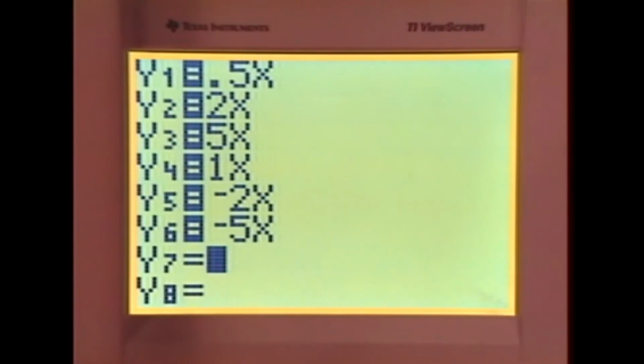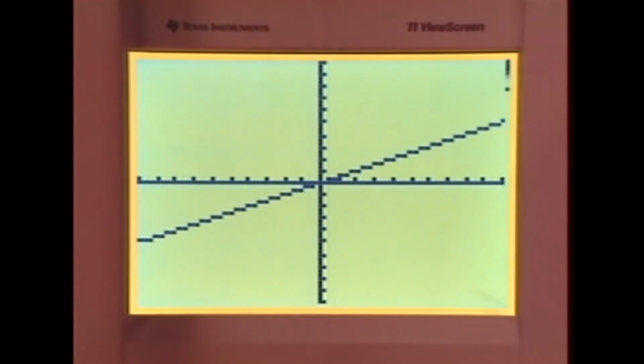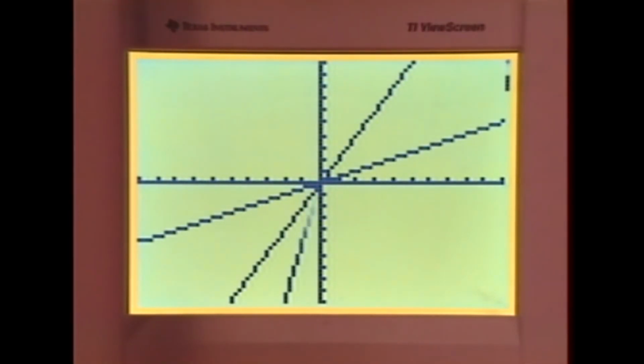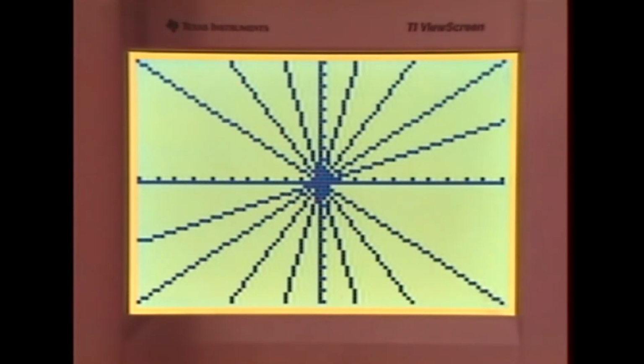Let's put in negative 1x and see if that does the job. So one last time, we see them all. And here comes our negative, negative 2, negative 5, and negative 1. So indeed, we have our negative slopes that go here, our positive slopes that go there.